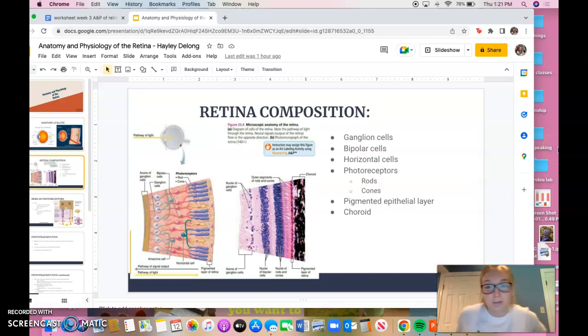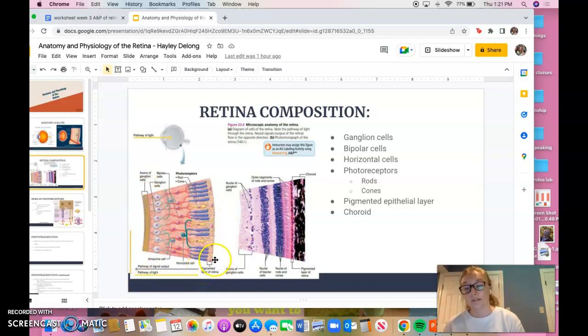So I like this picture because it demonstrates the pathway of the light and the directionality of the signal. You can see that down here on the bottom left. The light goes from the axons of the ganglion cells all the way to the pigmented layer, and then the signal goes the opposite way.